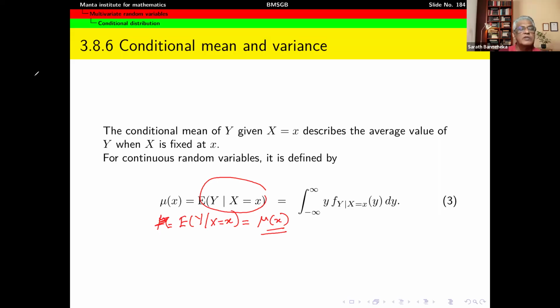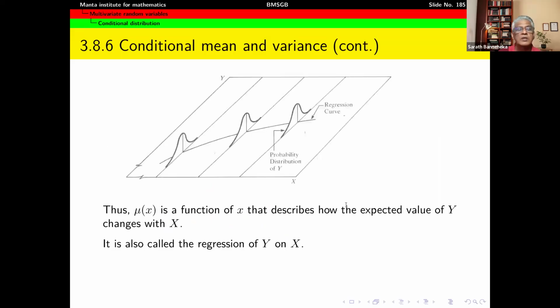So now I will show you pictorially the situation that we are considering. Suppose for a given x here, this value is say x1. This is the x-axis, this is the y-axis. This is x1, suppose this is x2, and suppose this is x3.